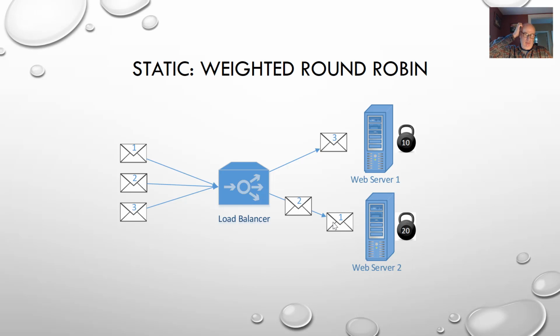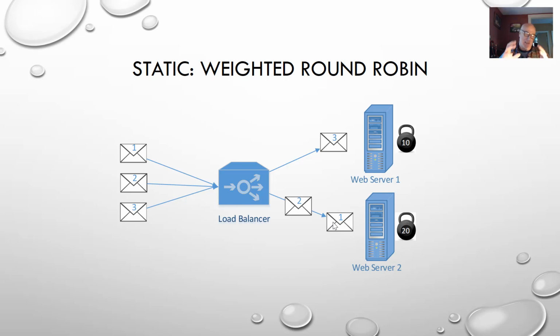Now, weighted round robin. In this case, what if web server 1 was less powerful than web server 2? Connection 1 might go to web server 2, connection 2 goes to web server 2, then connection 3 goes to web server 1, and then back to web server 2 again.